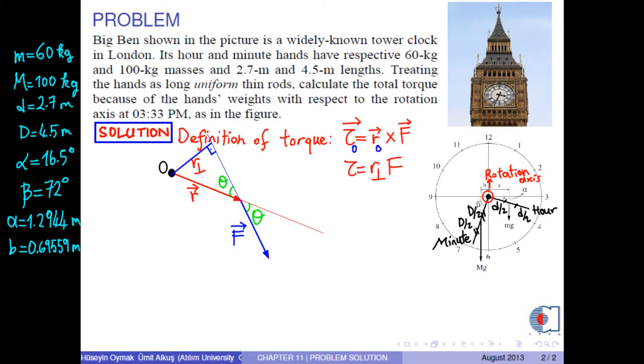By the same way, tau is R times F times sin theta, and according to the figure, F times sin theta is the component of force F perpendicular to the line of extension of position R. So we write tau as R times F perpendicular.